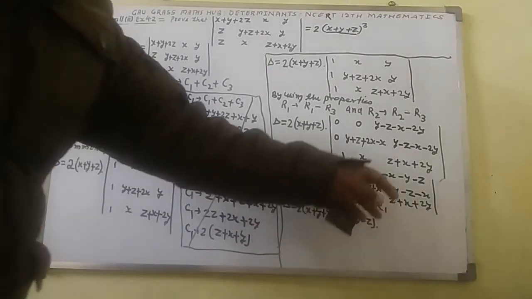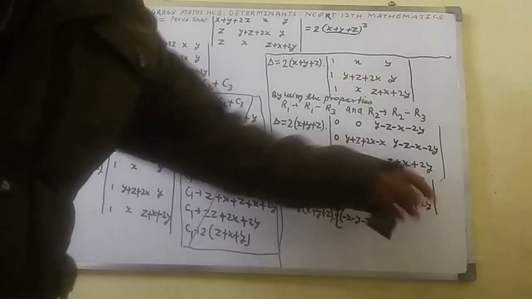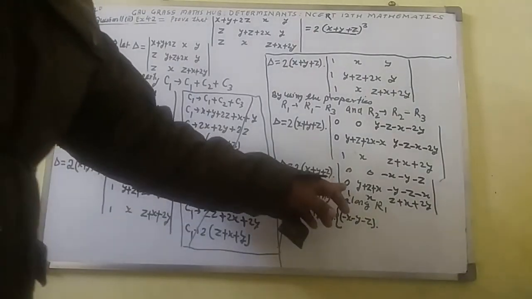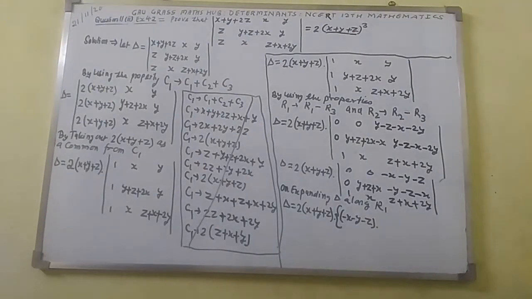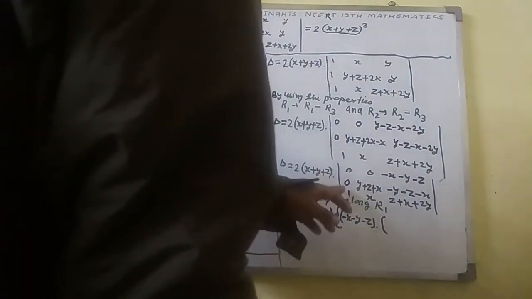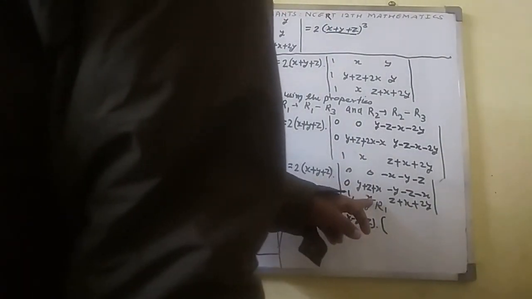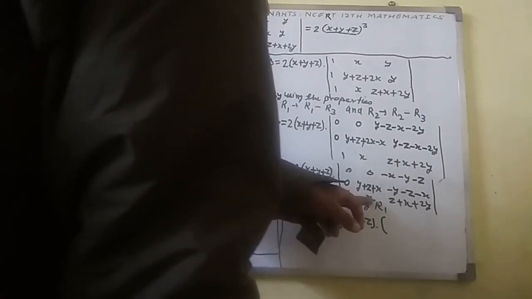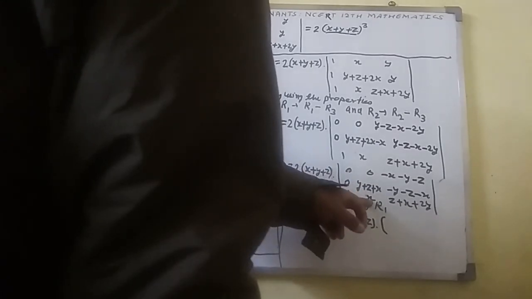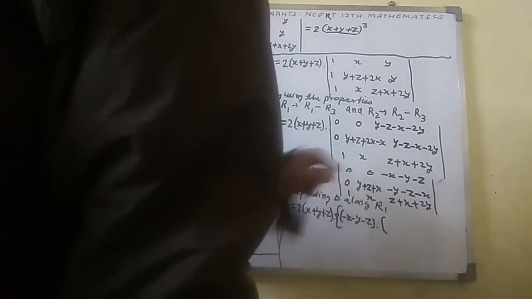0 will multiply to x. 0 will multiply to x comes out to 0. So here I shall write another bracket. This 0 will multiply to x because 0 and x are the elements of principal diagonal here.